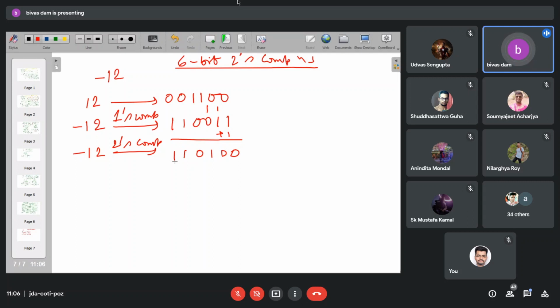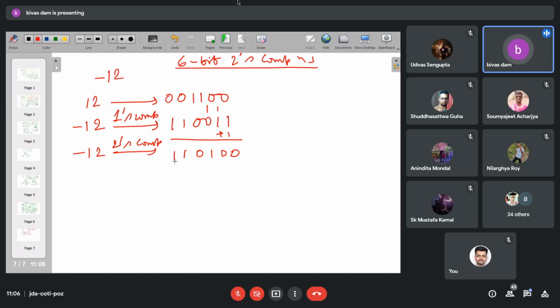Now I will deviate from the usual process. Now my process is, if the number is originally negative, scan the unsigned binary pattern starting from the least significant bit.